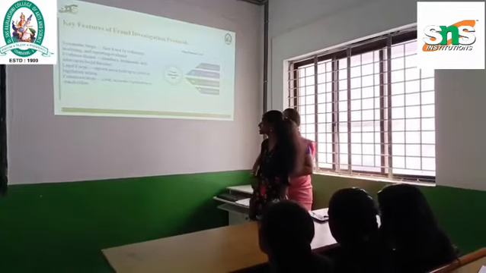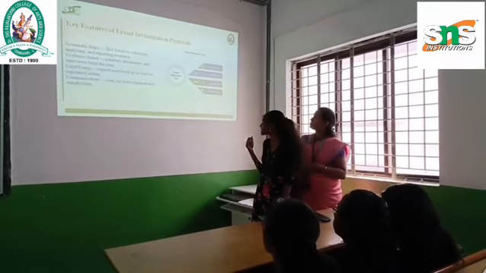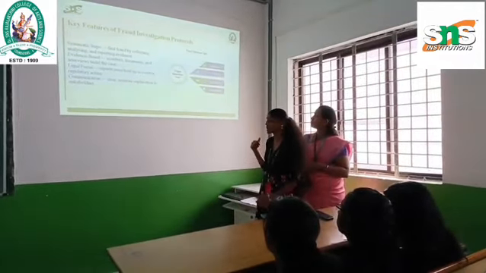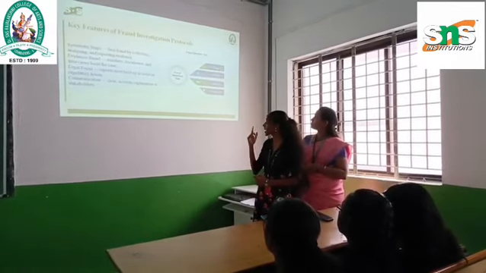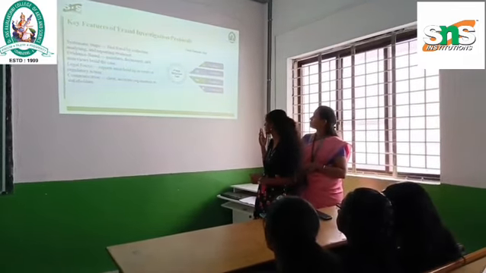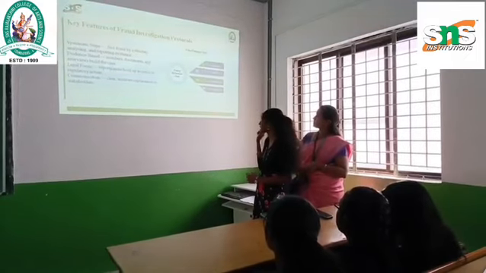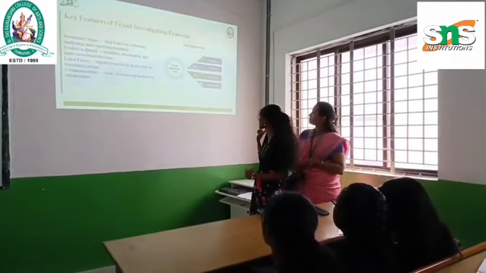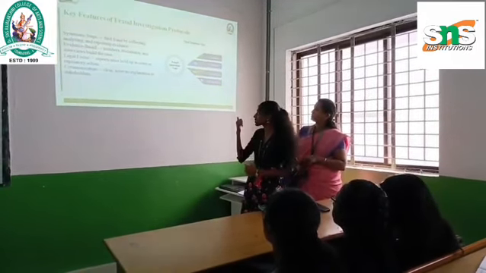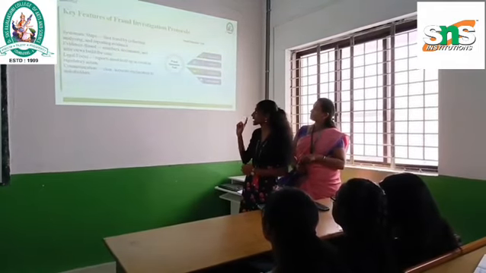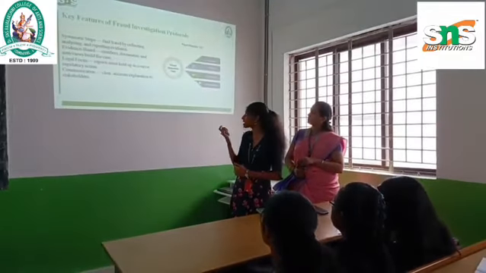What are the key features in fraud investigation protocols? Four features are used in the investigation of frauds: systematic steps, evidence, legal focus, and communication. Systematic step is to collect, analyze, and report the fraud that occurred.